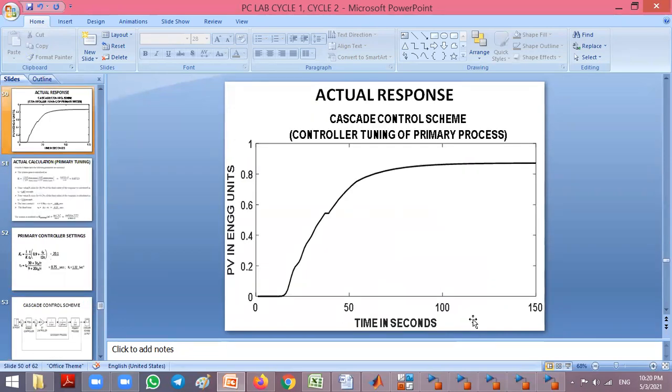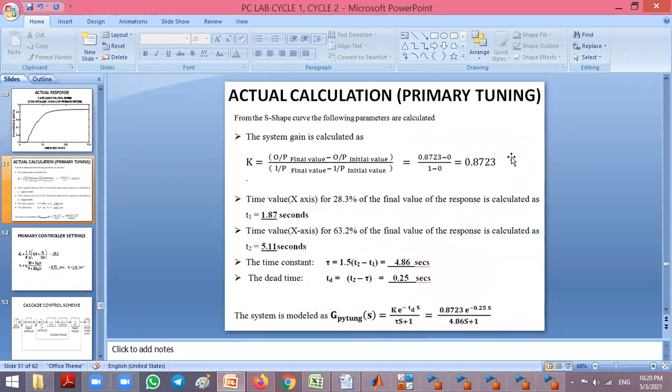So this is the actual response which you will be getting when doing this example. Your S-shape curve will be like this, and for this you calculate 0.8723 as the gain. Here it will not settle at 1, right? Previously we were saying it will settle at 1 because the input is 1.